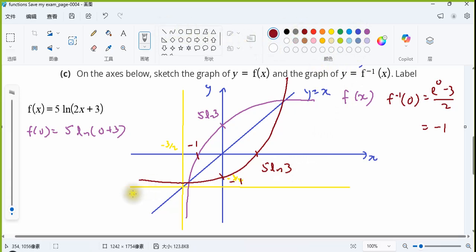This is the asymptote, negative 3/2. And this is the asymptote also. Vertical asymptote, negative 3/2. So f(x), and then this is the f inverse of x.